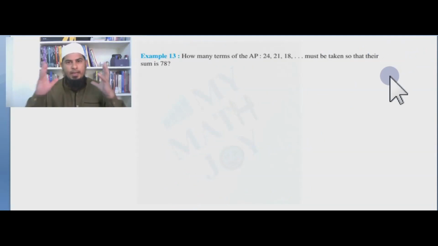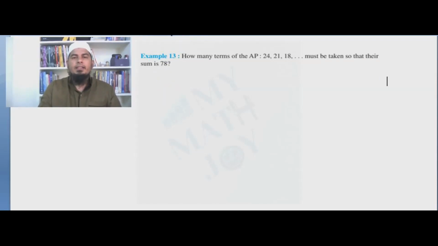Here is another example model where we have to learn a new model. What is the question here? Read the question carefully. How many terms of the AP must be taken so that their sum is 78? Sn is given, and n is not given in this AP. So what are the things given?